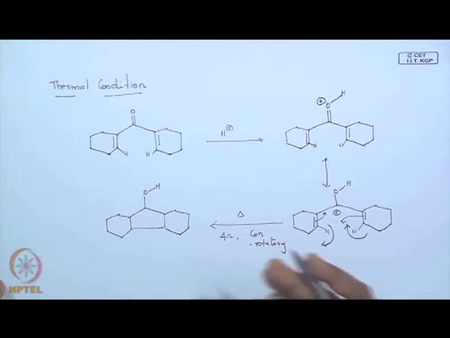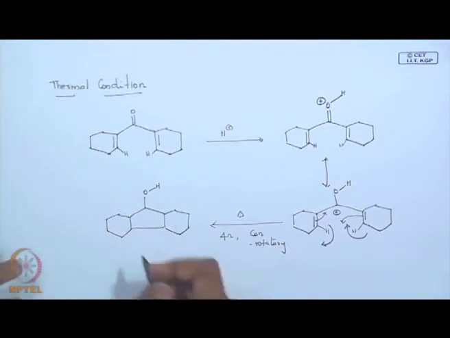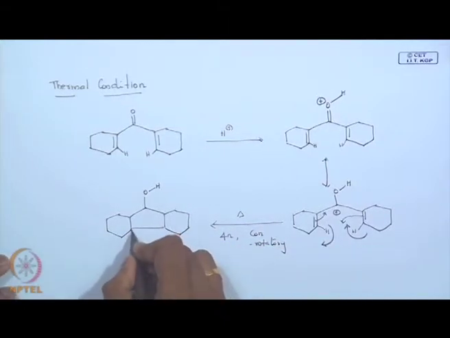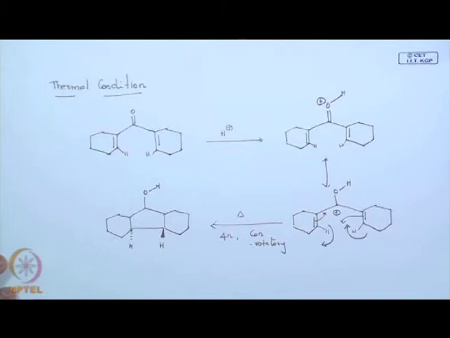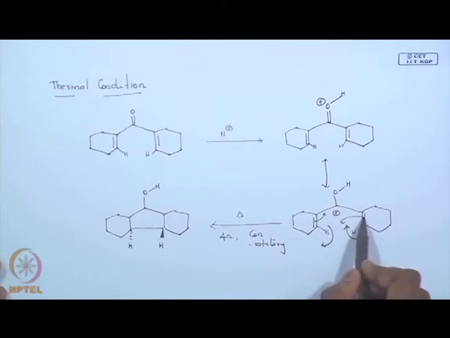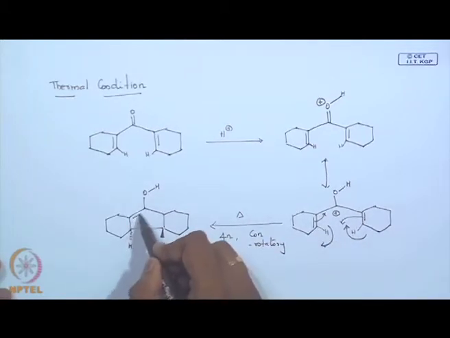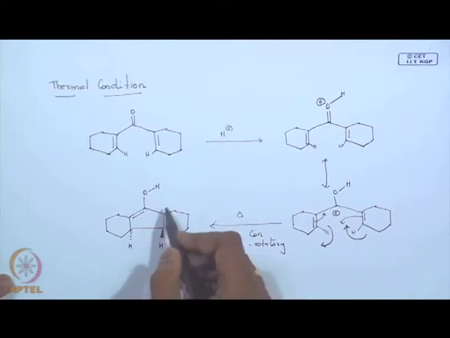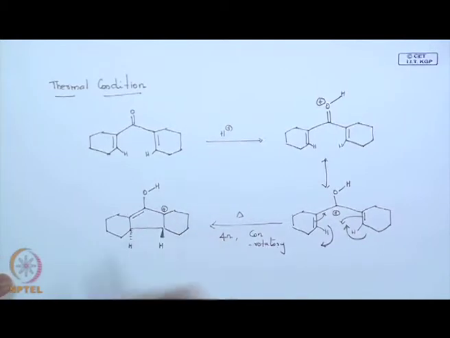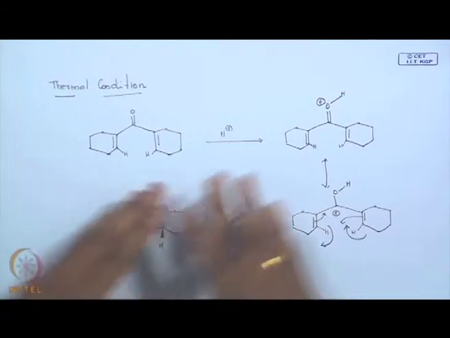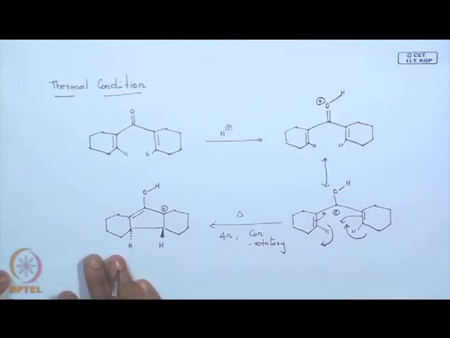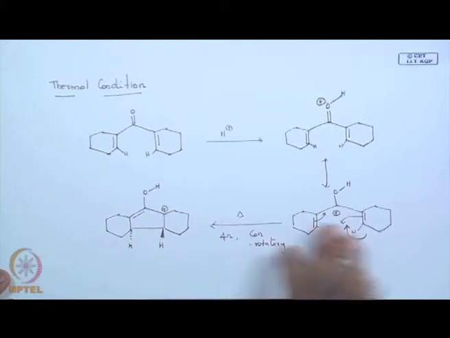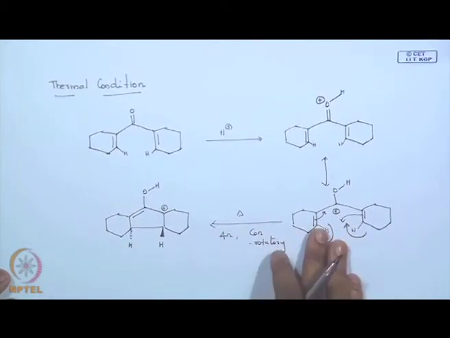One should be outside the plane, one should be in, so I get 2 different things for conrotation. Clear? Now, we will see our bonds. I have a double bond here and a positive charge here. So, this is after your rotation. This is your electrocyclic ring closure, the important one which decides your stereochemistry.